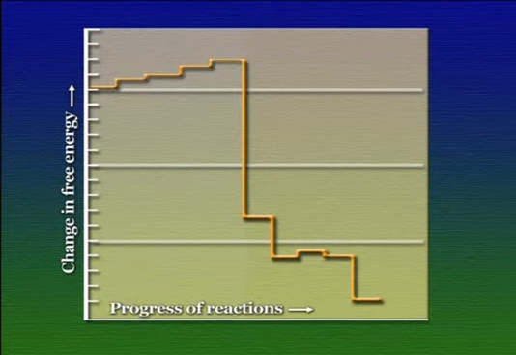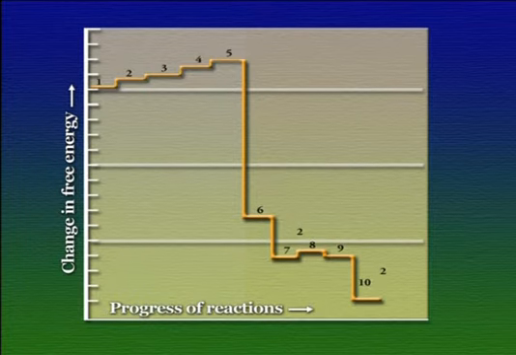What we do is just mark the relative level of energy possessed by each of the intermediate compounds, essentially the 10 compounds that occur along the pathway. Each reaction in the pathway, because it converts one compound to another, will likely change the relative energy level. That is, as we move along the x-axis, there'll be step-like changes in the relative height of the line, representing changes in relative free energy.